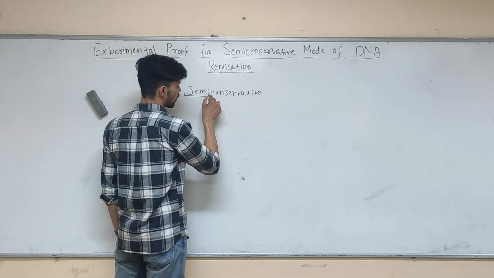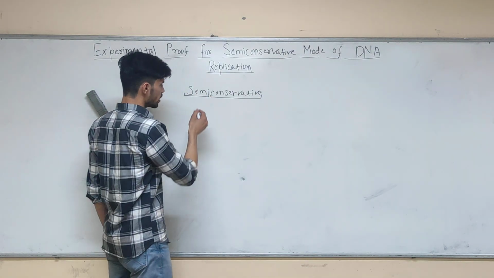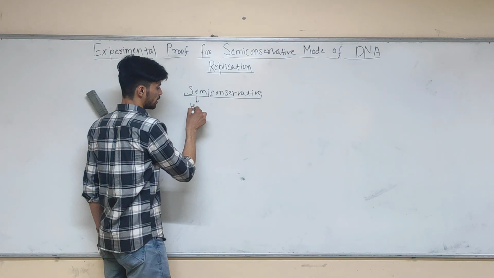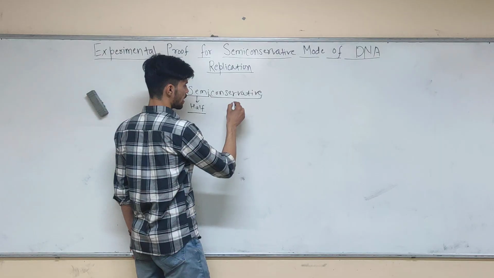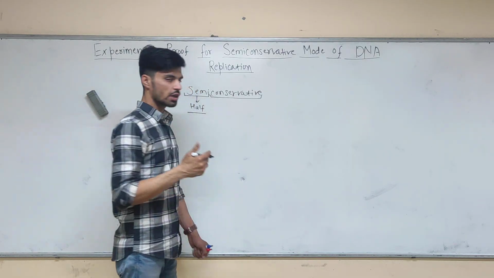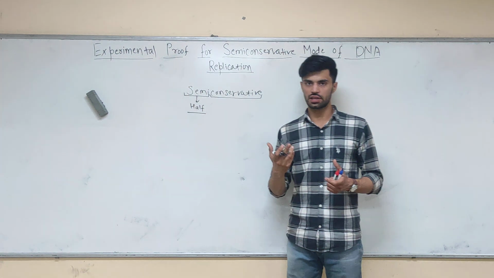The word semi-conservative is made up of two words. The first one is semi, which means half. The second word is conservative, and conservative means to conserve anything.